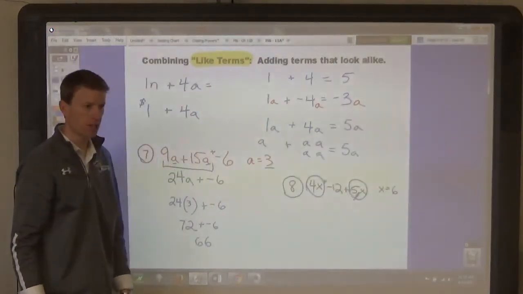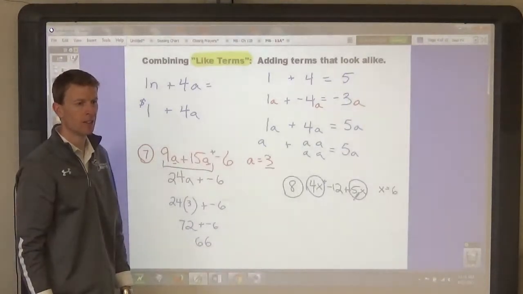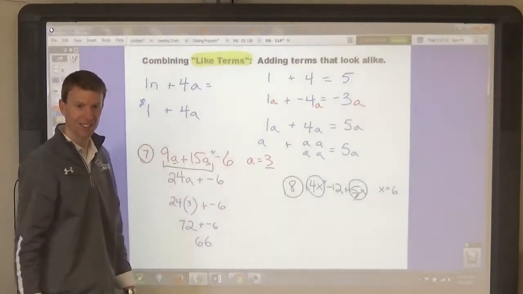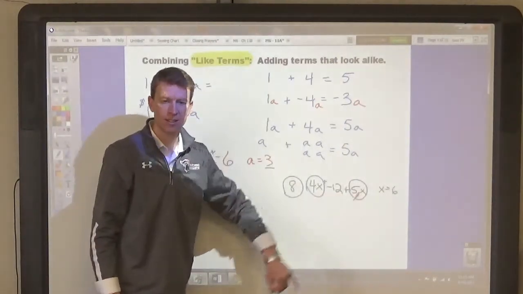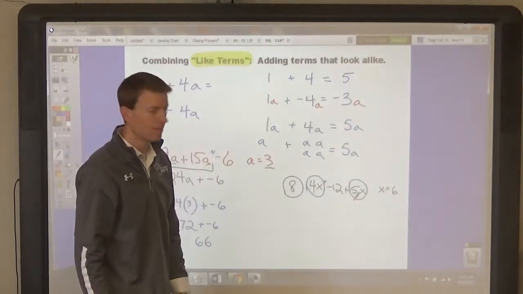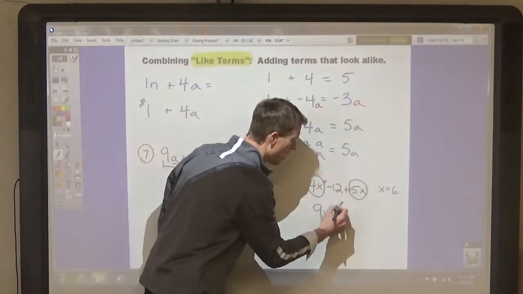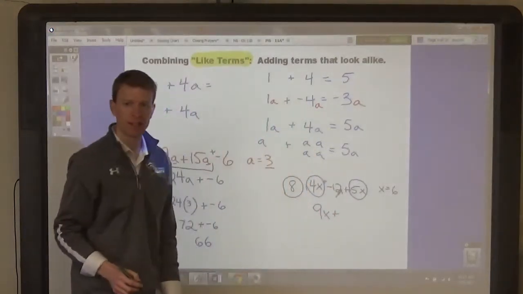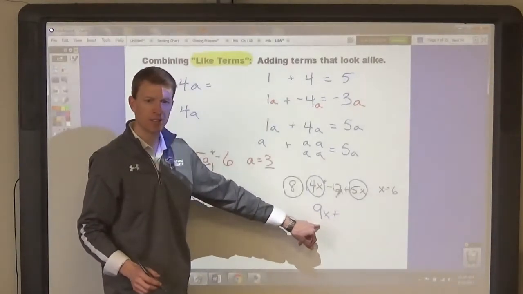These are like terms. So how many x's do we have? 4x's plus 5x's is 9x's. Plus, can we add the negative 12 to 9x?